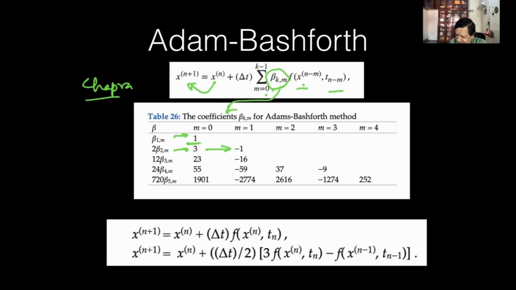So if you look at this one, beta 2 0 will be 3 by 2, and the next one is minus 1 by 2. So this one is quite popular, the Adams-Bashforth two-step method. A lot of people use this. So I think that's about it for multi-step methods.